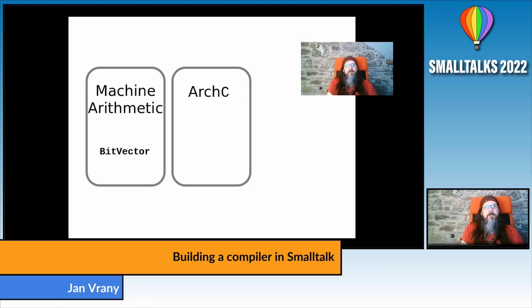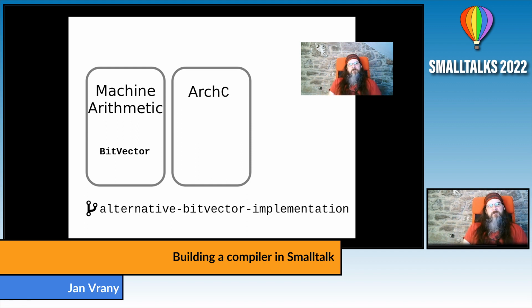Okay, let's go back to RISC-V and machine arithmetic. The RISC-V, the internal model and everything is built around the notion of the bit vector, which we take from the machine arithmetic. We use the Z3 implementation of the bit vectors, but you don't have to. If for some reason you don't want to pull the whole machine arithmetic and Z3 and other things into your image, the whole thing is engineered in a way that you can just plug in your own bit vector.